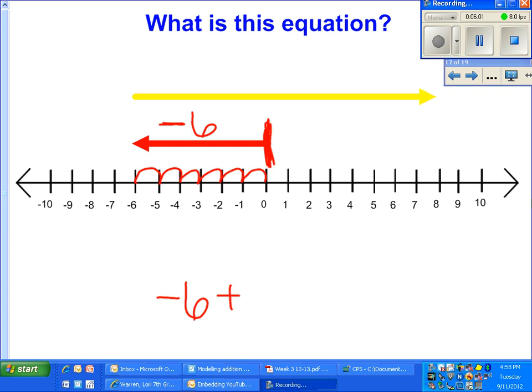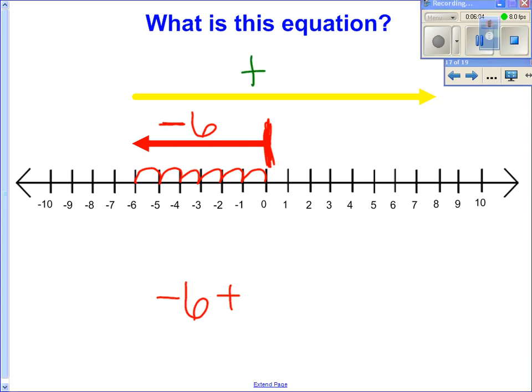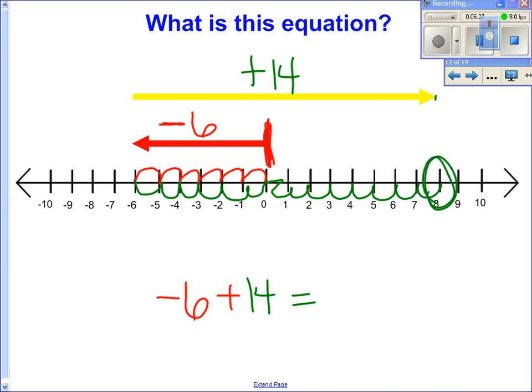So this is going to the right, so that is a positive number, and it jumped 14 spots. So it's negative 6 plus 14. Wherever the second arrow ends will be the final answer, which is positive 8. So the equation for this number line is negative 6 plus 14 equals positive 8.